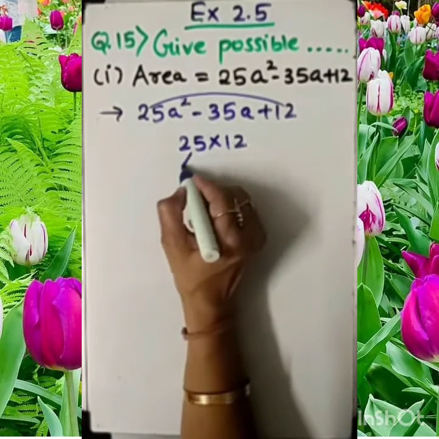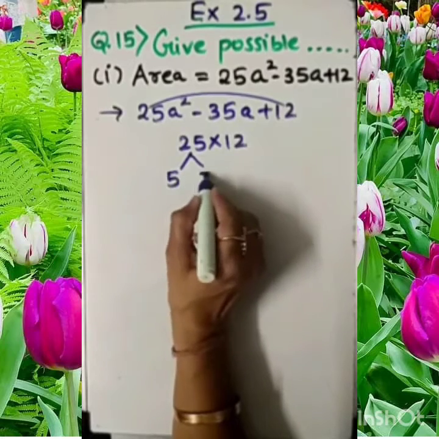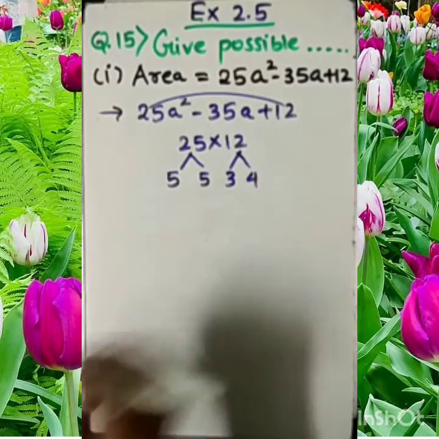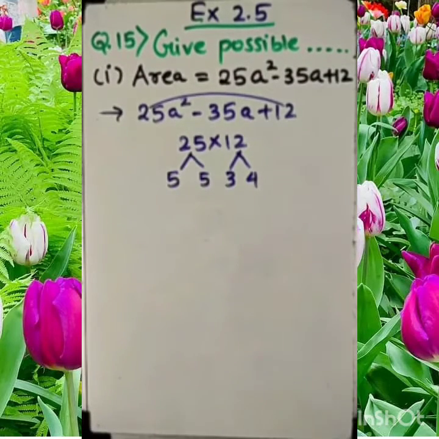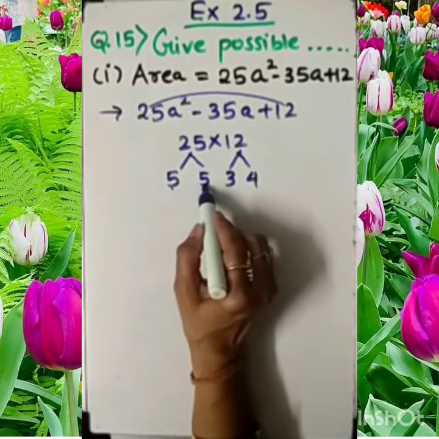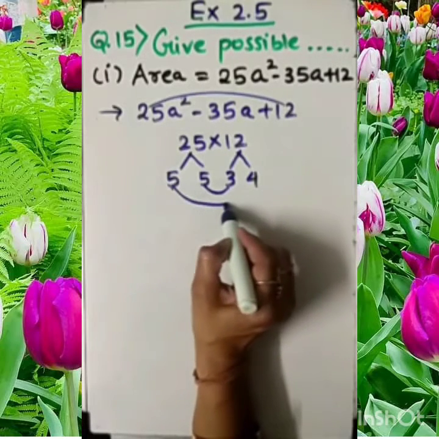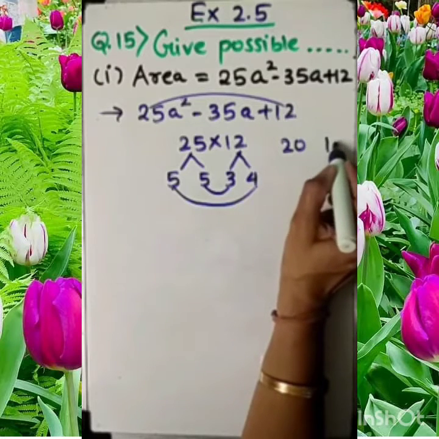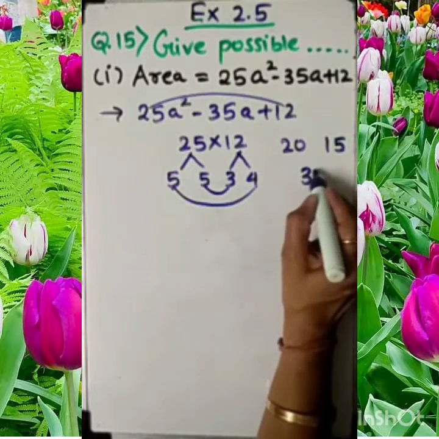But if I make factors, then 5 into 5 and 3 into 4. Fine. So if I go with this, which factors do I have? 5 threes are 15, 5 fours are 20. Means if I write 20 and 15, then the sum of them will be 35.